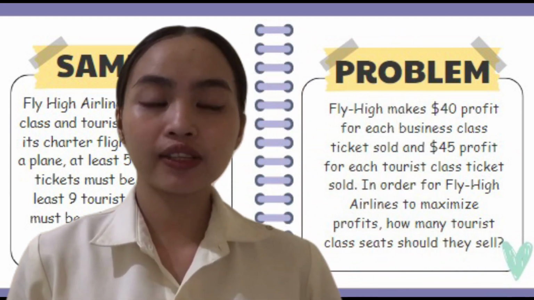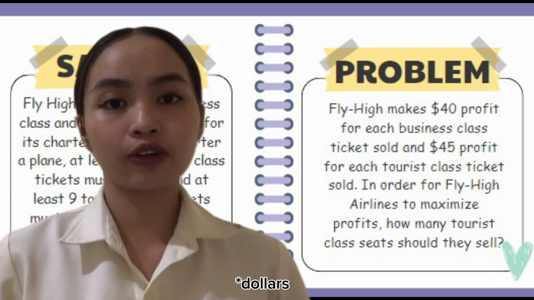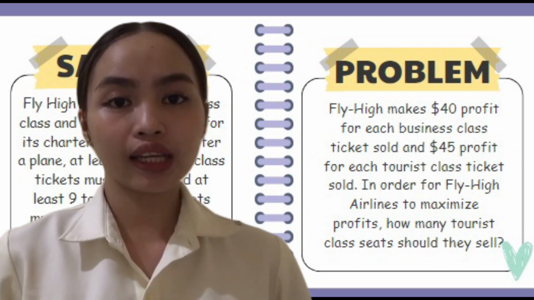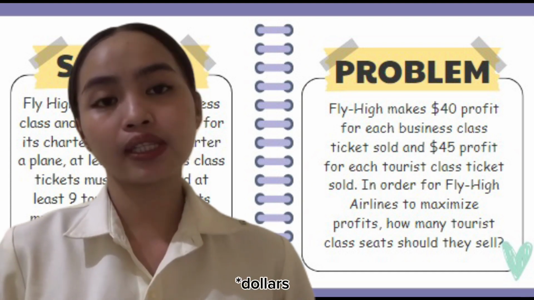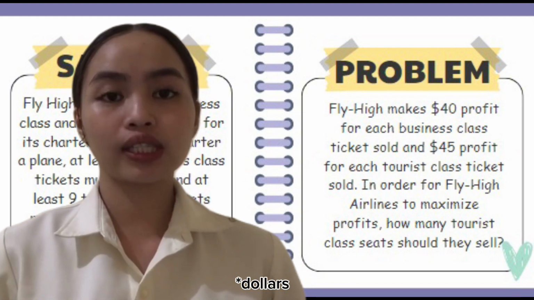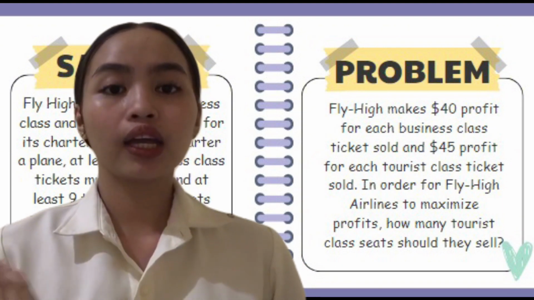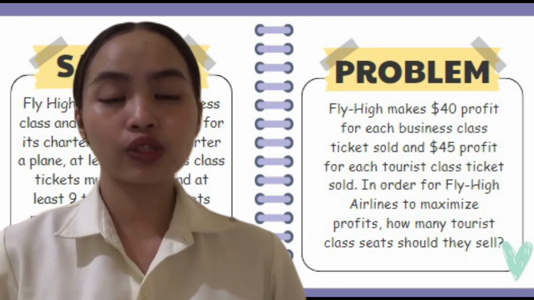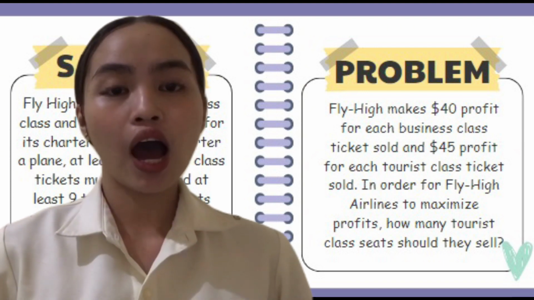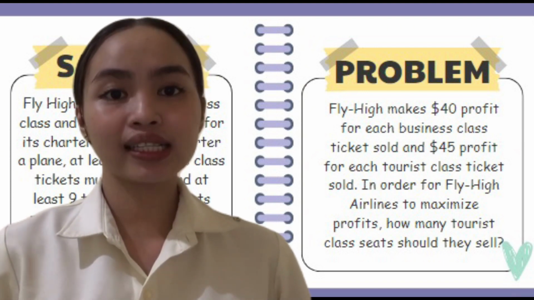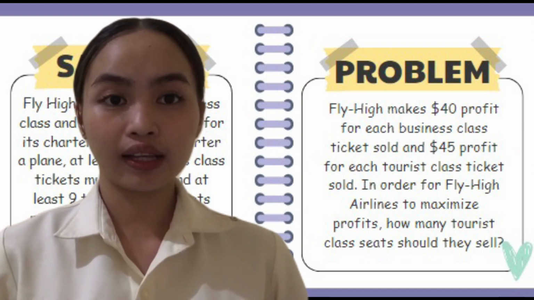Fly High makes 40 centavos profit for each business class ticket sold and 45 centavos profit for each tourist class ticket sold. In order for Fly High Airlines to maximize profits, how many tourist class seats should they sell?